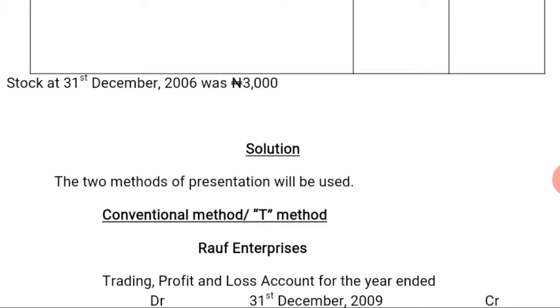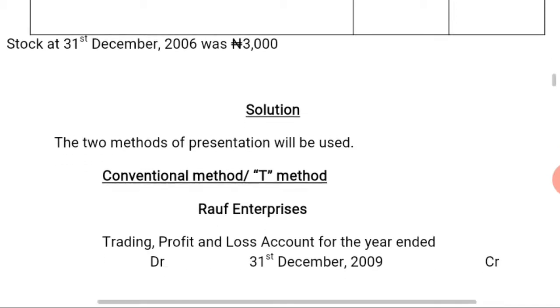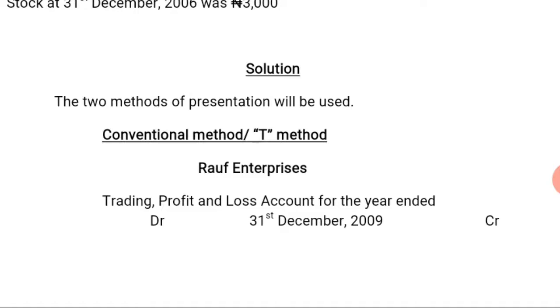The question requires us to prepare the final account of Rauf Enterprises, which simply means we are going to prepare the trading account, the profit and loss account, and the balance sheet.